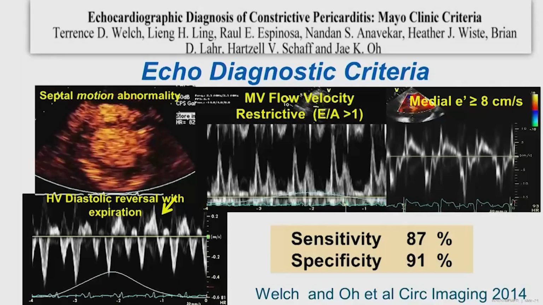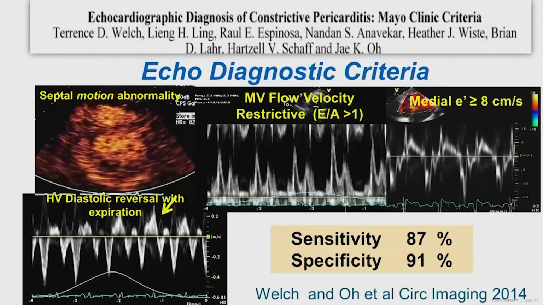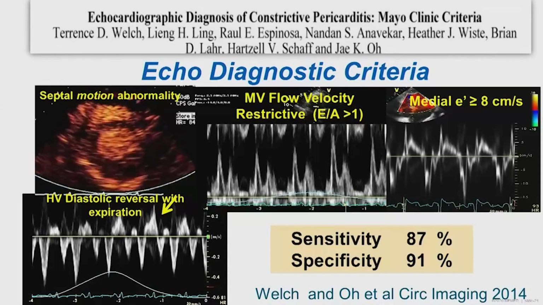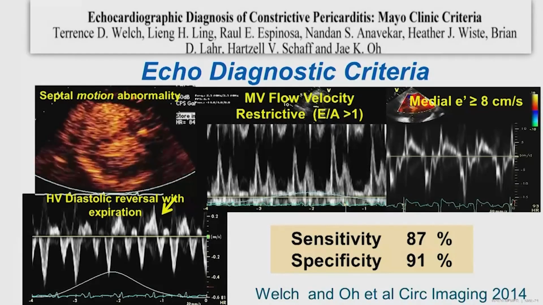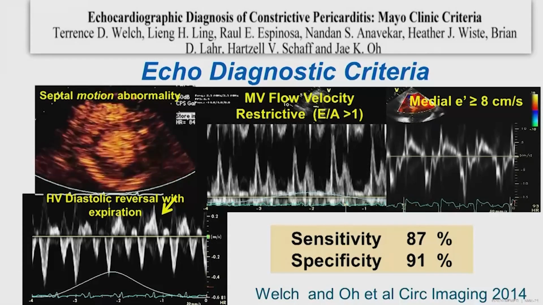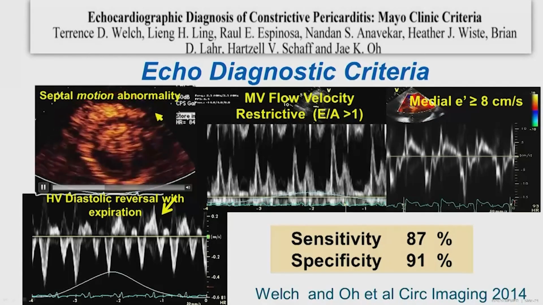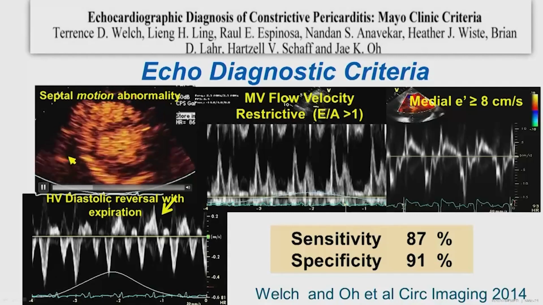So with our extensive experience, more than 20 years of using Doppler echocardiography, we established and published these echocardiographic diagnostic criteria for constriction. They are septal motion abnormality. I already showed you why that happens.